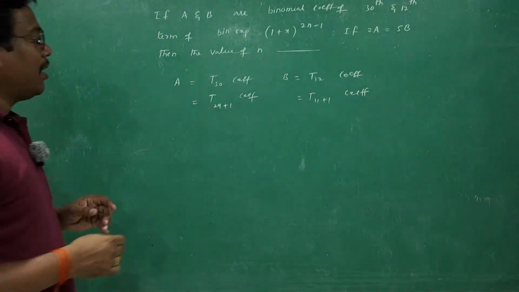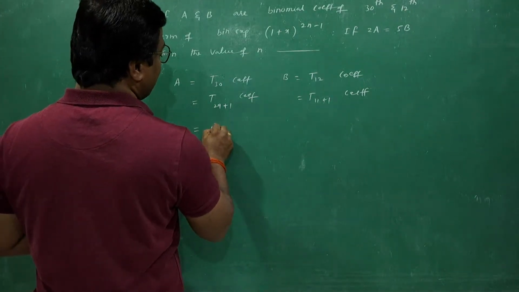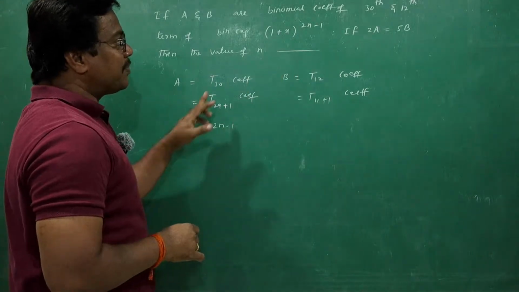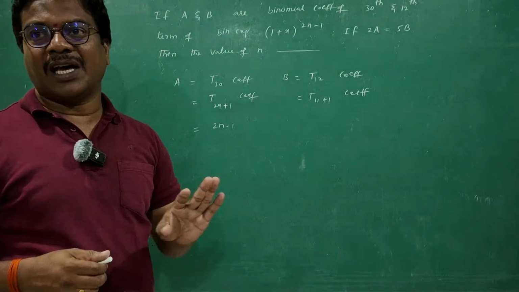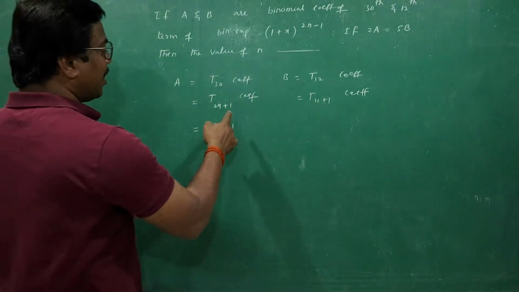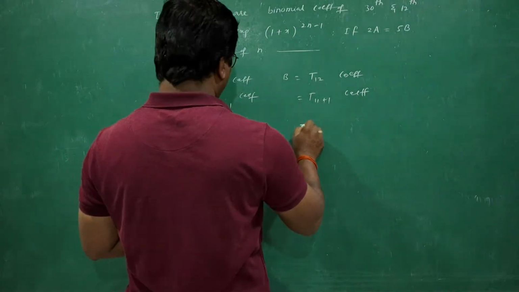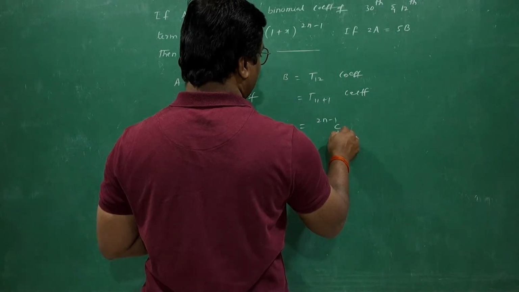What is the coefficient of T29 plus 1? Generally, if the expansion is of the form (1 plus x) whole power n, then you write the coefficient of TR plus 1 as nCr. So here it is 2n minus 1 C 29, and here it is 2n minus 1 C 11.